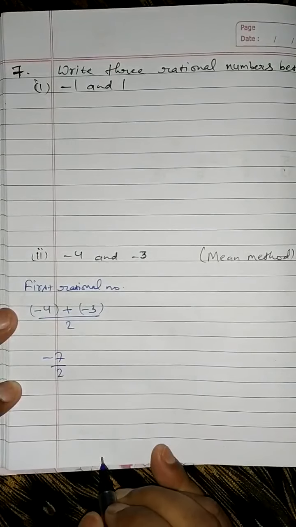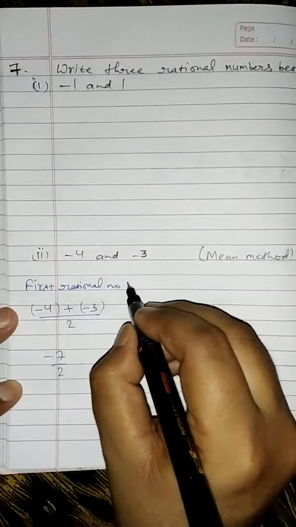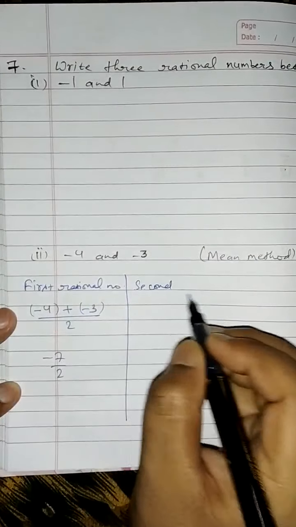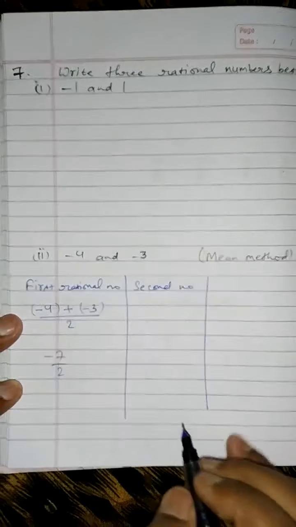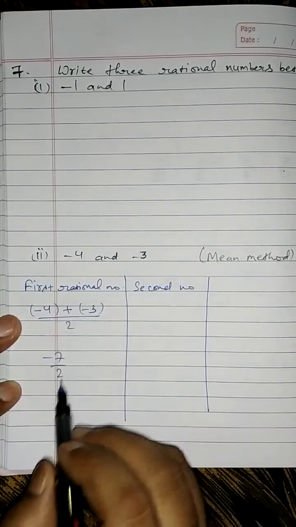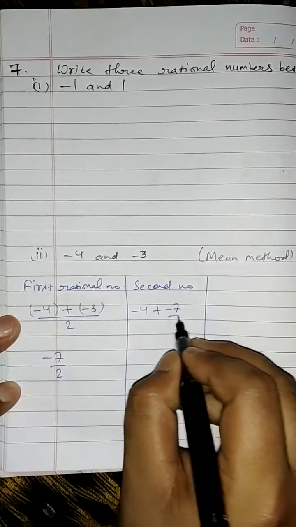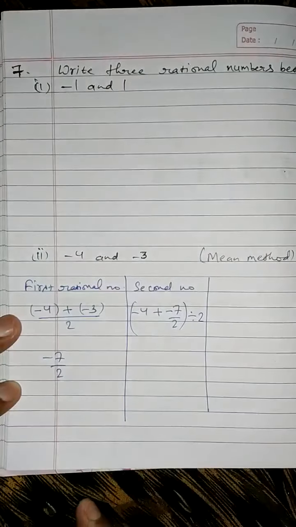So minus 7 upon 2 is the first rational number between minus 4 and minus 3. Second rational number: for finding it, we will add minus 4 and minus 7 upon 2 and divide them by 2.